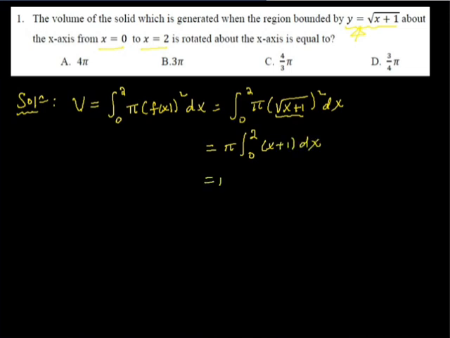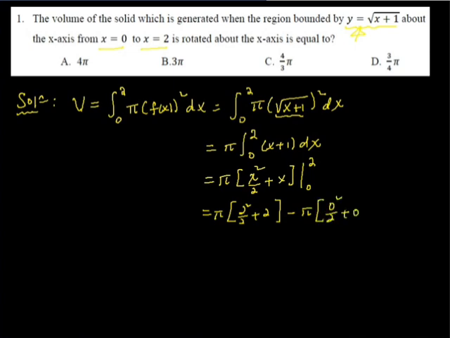So this means pi times the integral of x, which is x squared over 2, and the integral of 1 is x. We evaluate this expression between 0 and 2. First substitute 2: it becomes 2 squared over 2 plus 2. Then substitute 0 in place of x: 0 squared over 2 plus 0, the whole thing is 0.